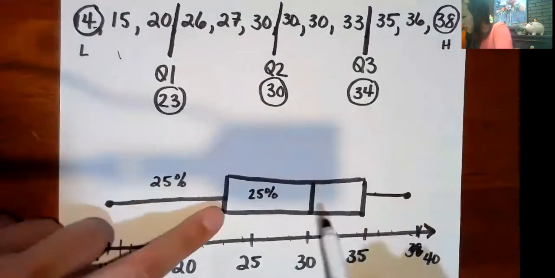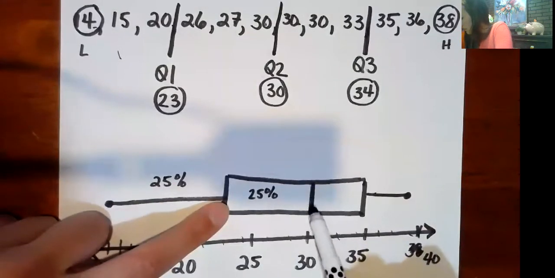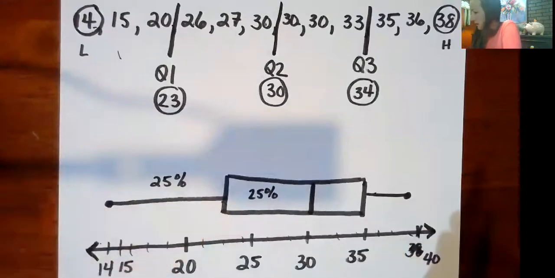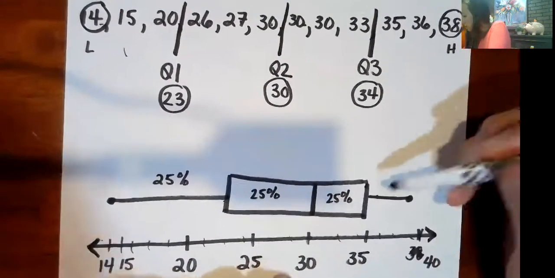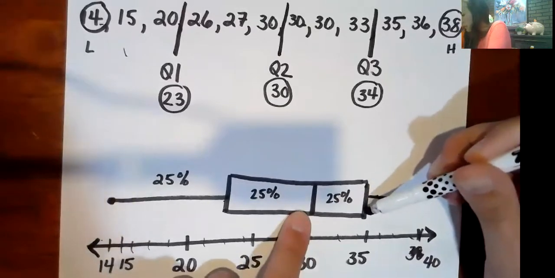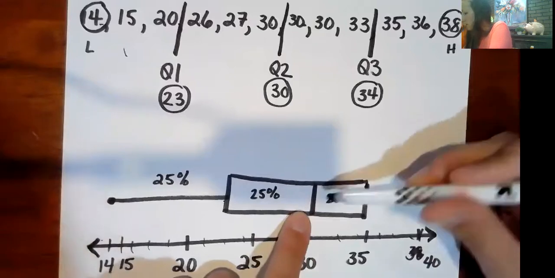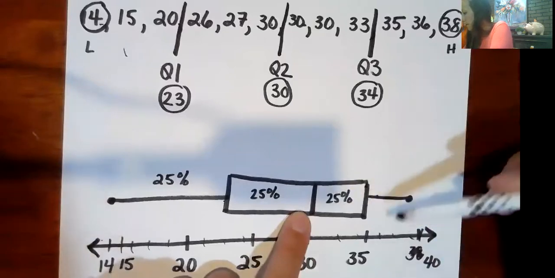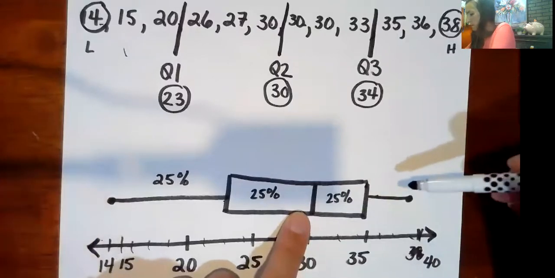So 25% of the spider monkeys are between 23 years old and 30 years old. And then another 25% of the spider monkeys are between 30 years old and 34 years old. So you can see that's a little bit of a smaller area on the graph, which means there's a couple more monkeys packed in there. That's an age group that's densely represented.